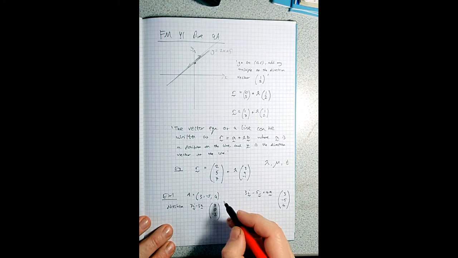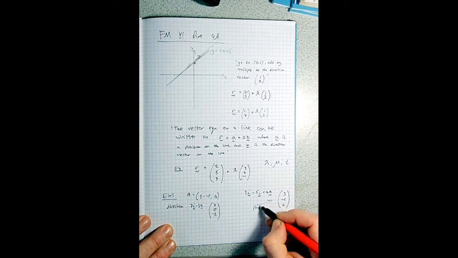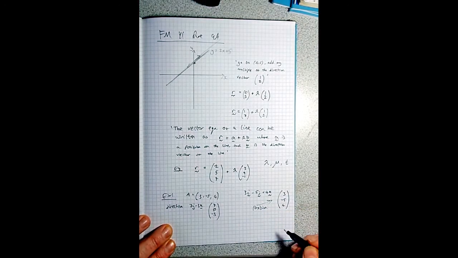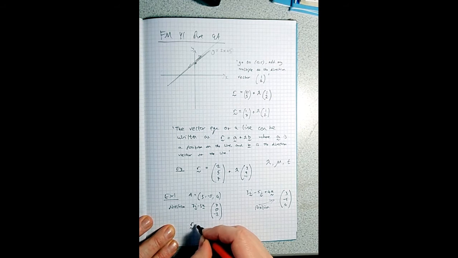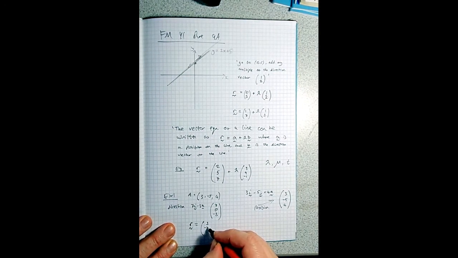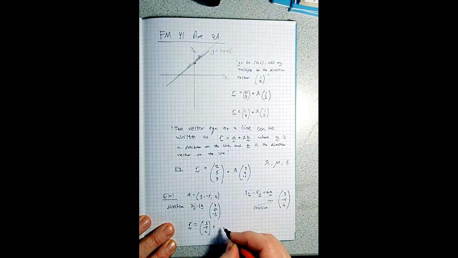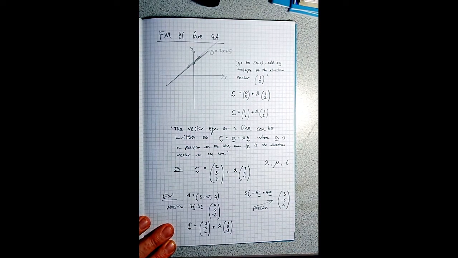So the line then, the position vector of anywhere on the line is the position vector of my starting point plus any multiple of (7, 0, minus 3). That's it, done.